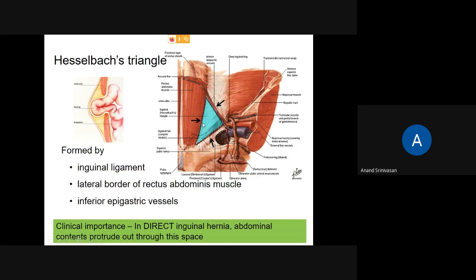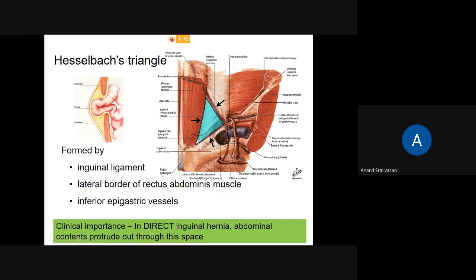So the Hesselbach's triangle lies between the lateral border of the rectus abdominis, the inguinal ligament, and the inferior epigastric artery.